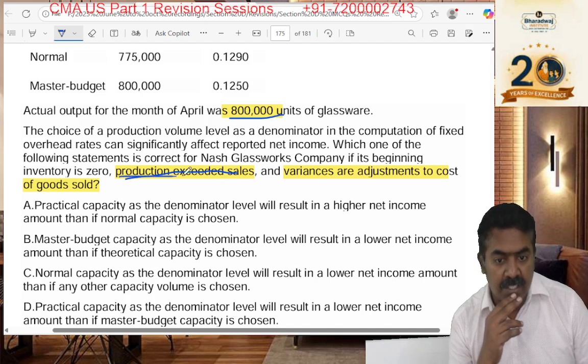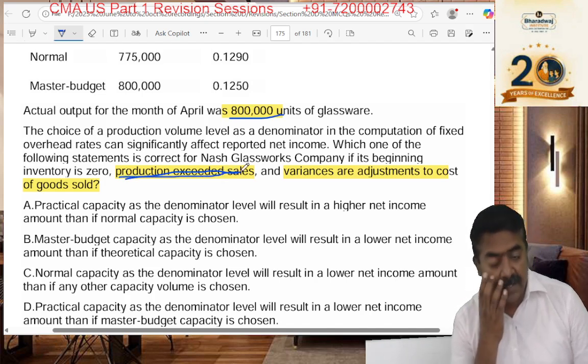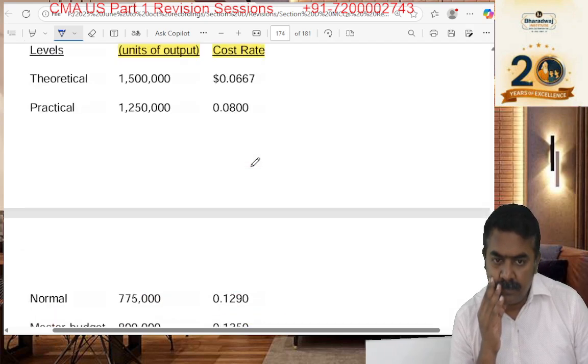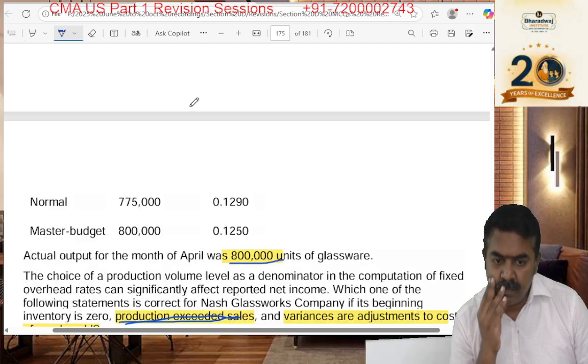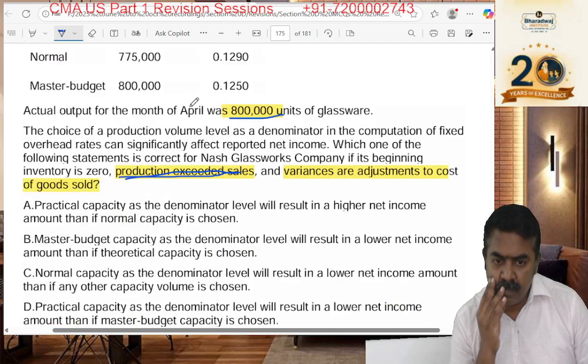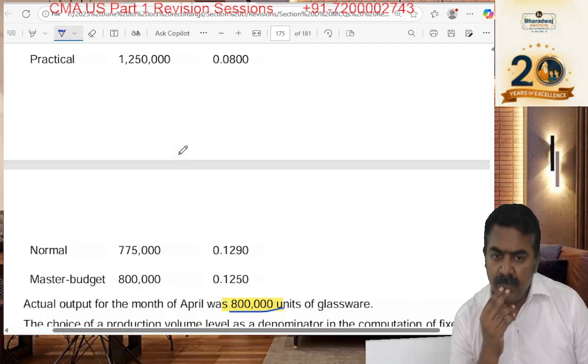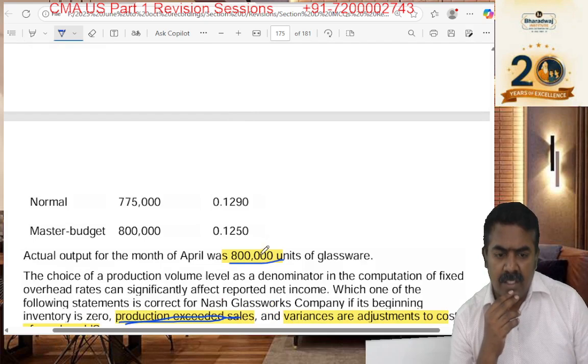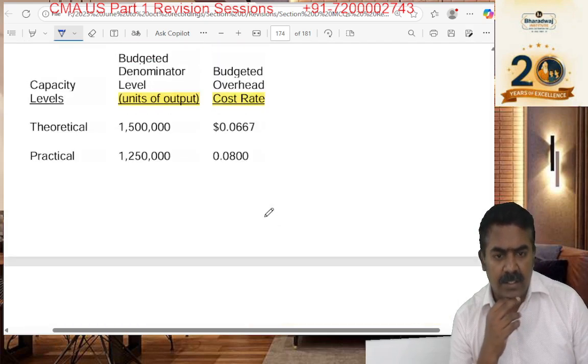Production is more than sales means closing stock is there. See, what is the actual output? 8 lakhs.